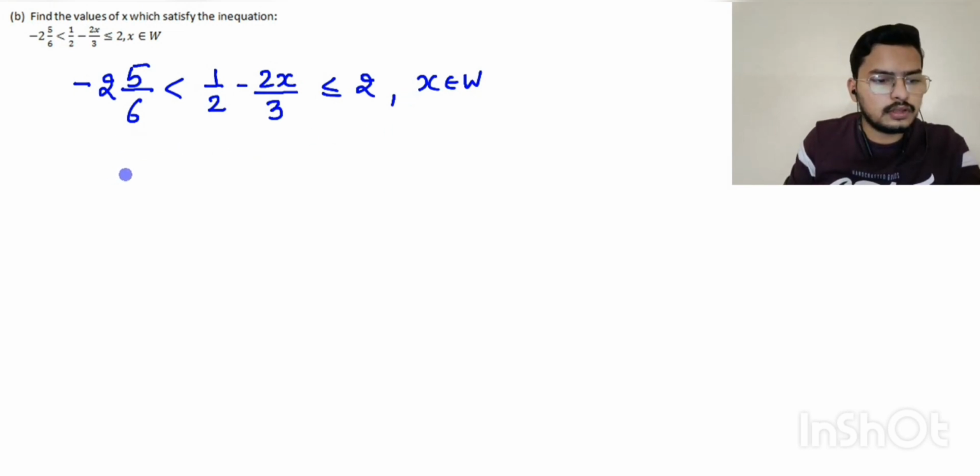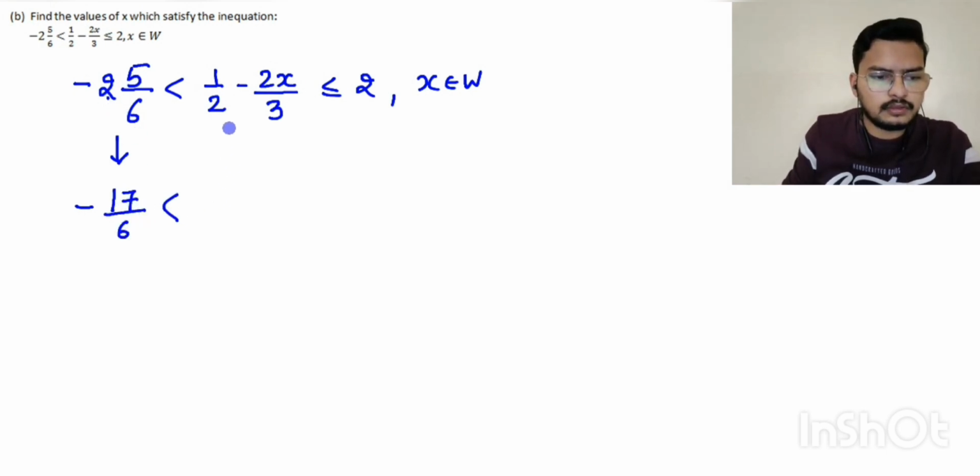So here, after changing this mixed fraction into a simple fraction, you will get minus, 6 times 2 is 12, 12 plus 5 is 17, that is minus 17 by 6 less than, and this you can take the LCM here, or if you don't want to take the LCM, just leave it as it is.